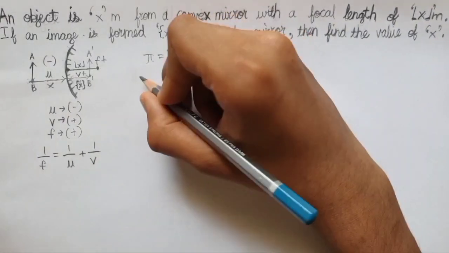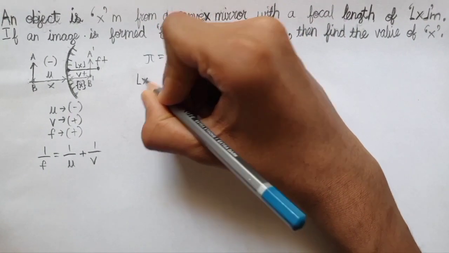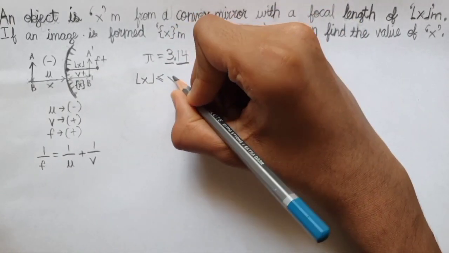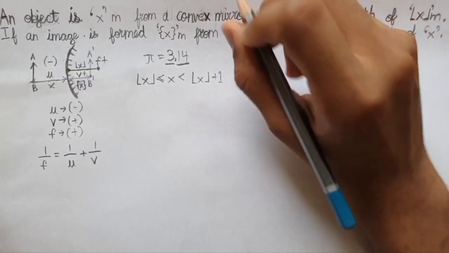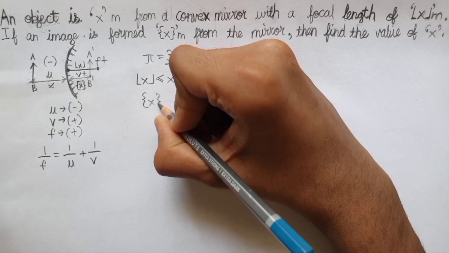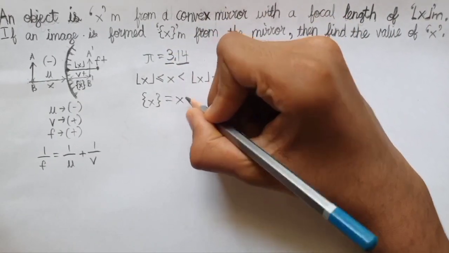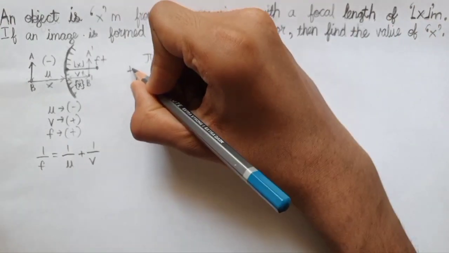So here are two important formulas we'll be using here. So floor of x is lesser than or equal to x is lesser than floor of x plus 1. And fractional part of x, as you can see here, is the number itself minus the floor of x. These are two important formulas we'll be using.